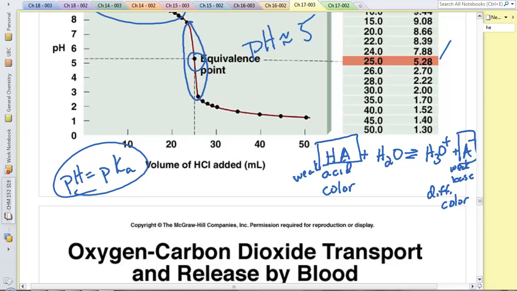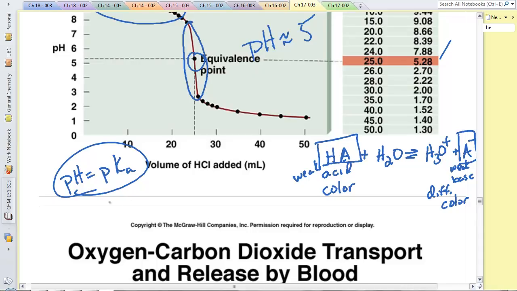Now you might remember for a buffer, we talked about the effective buffer range being plus or minus 1 pH unit. It's kind of the same for an acid-base indicator, because when you only have 10% of, say, the base component, you're probably going to start seeing that color. Conversely, when you only have 10% of the acid component, you will still see that color.